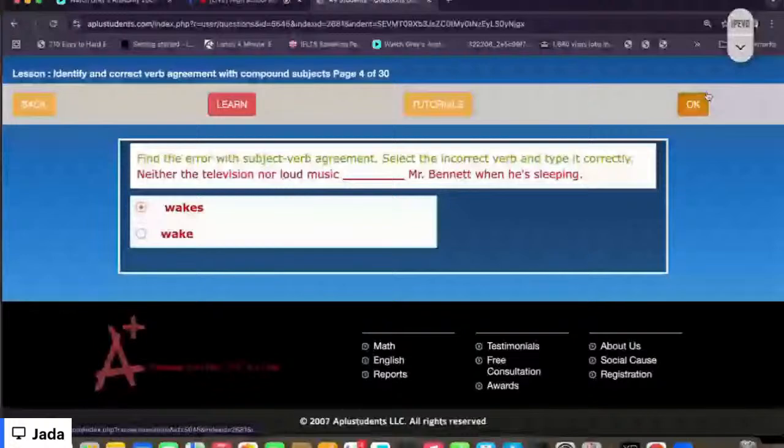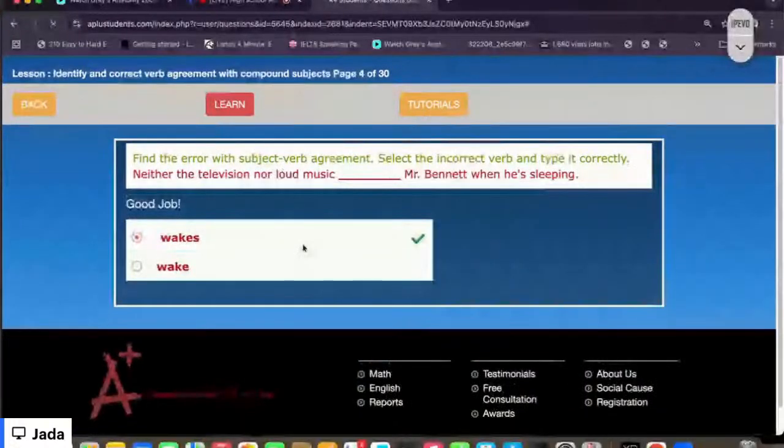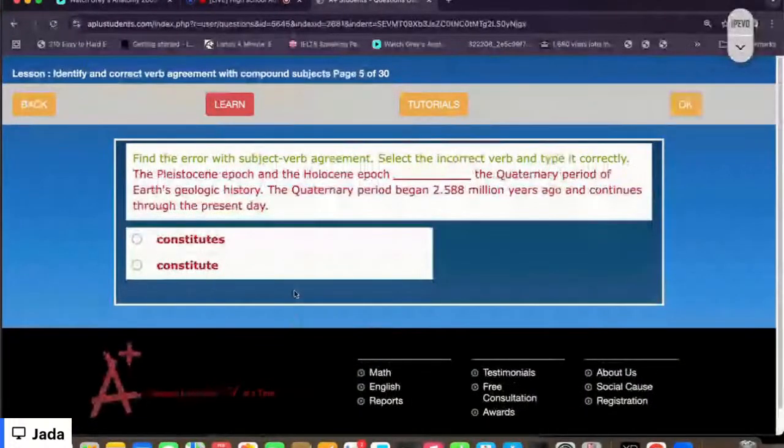So wakes, because loud music is singular, so you have a singular verb.